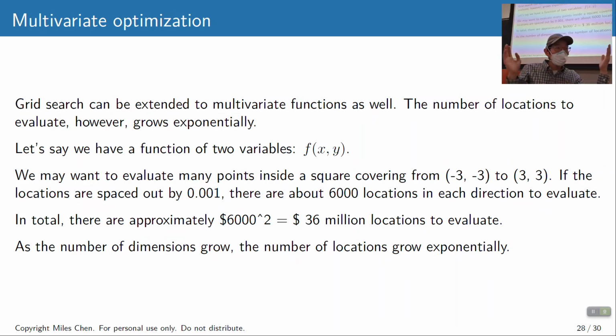And then what if you had a function of 3 dimensions? Now you have 36 million times another 6,000, so that's 216 billion. This thing is going to grow very, very big, very, very fast. So we don't want to be doing grid search when we have a multivariate function.